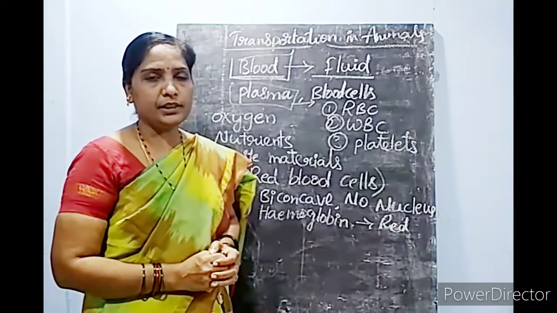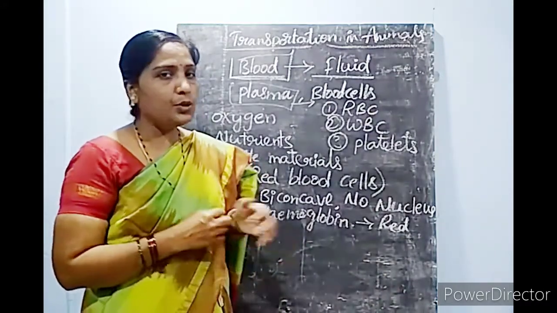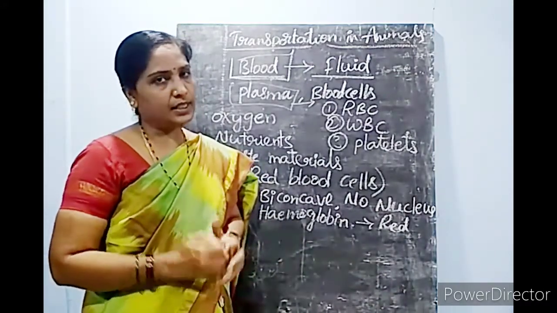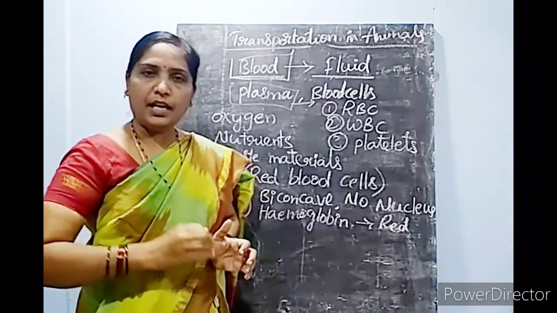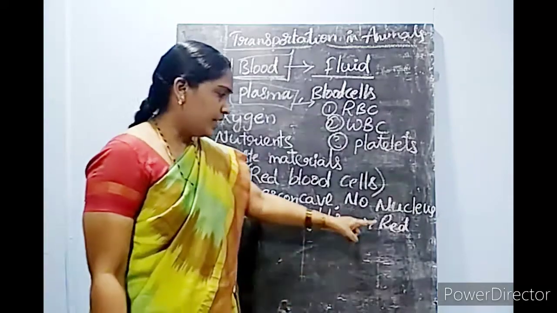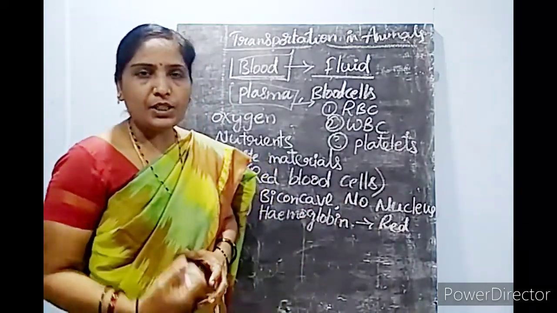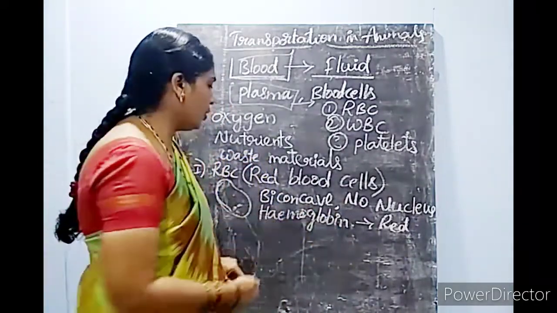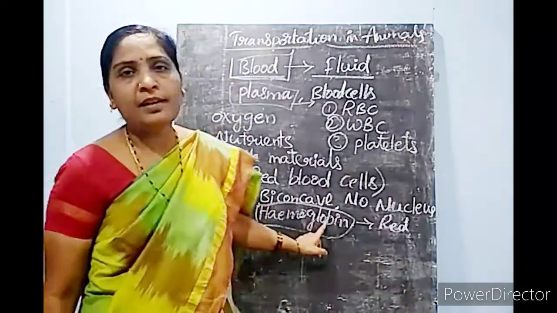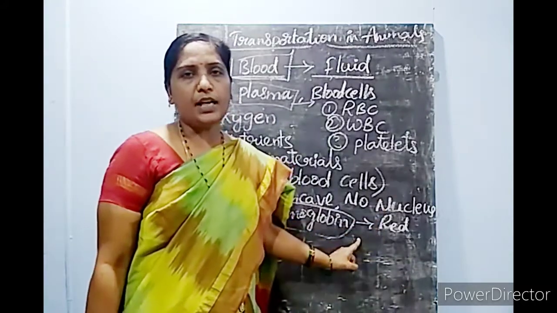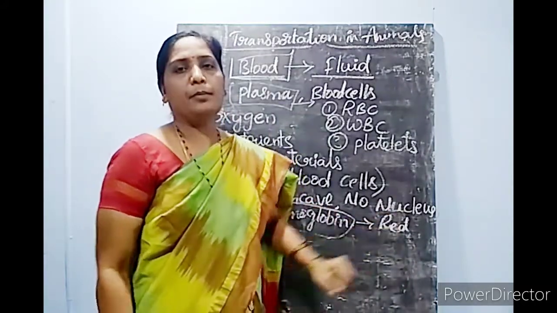When you get hurt, blood oozes out and you see the color of it. It's red in color. Any person in your class, everybody's blood is red color only. That is because of hemoglobin, a pigment present in the red blood cells. It gives red color to our blood.